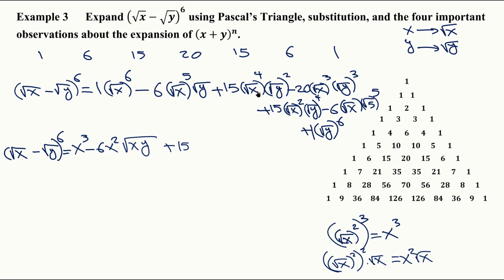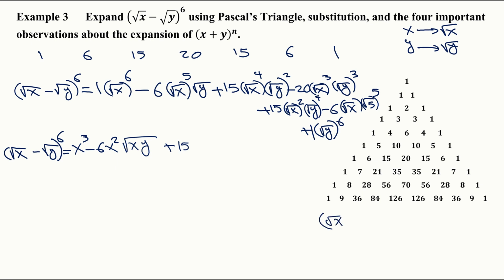Now, square root of x to the 4. So let me get rid of these so we can have room for some more. Square root of x to the 4, that's like square root of x squared and then squared. So we get x squared, right? And the square root of y is just y, right?